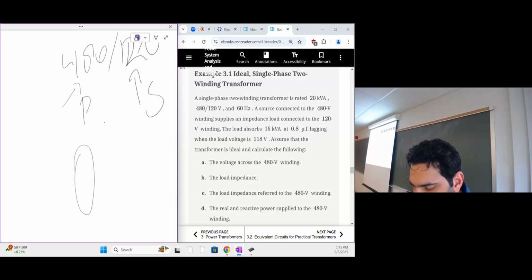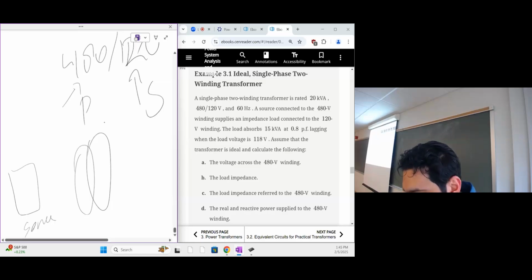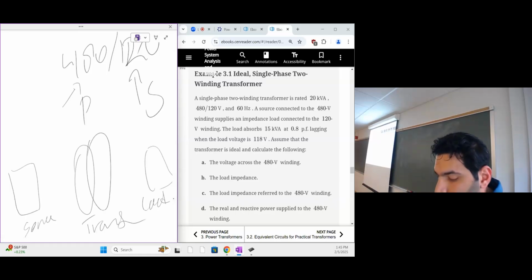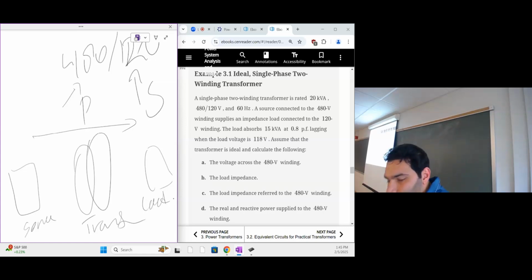So let's say this is the transformer. This is how they typically represent it. And you have here a source, and you have here a load. I'm very bad at drawing, but anyhow. So there's a certain power flow going from the source to the load through the transformer.